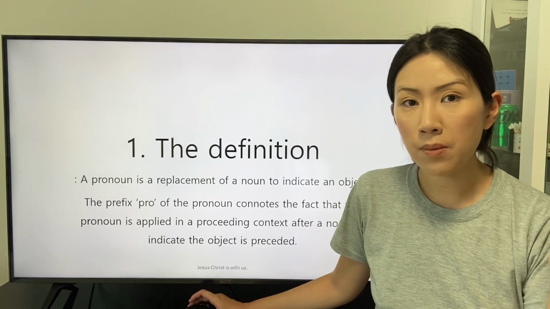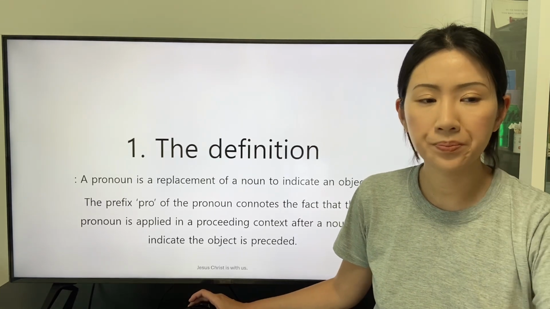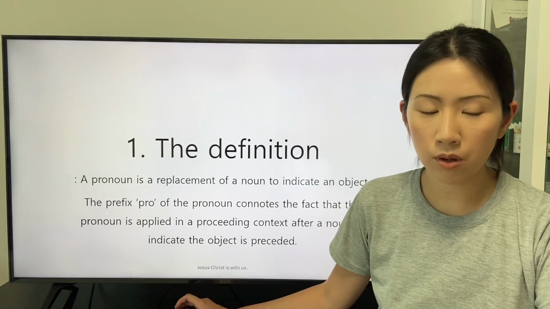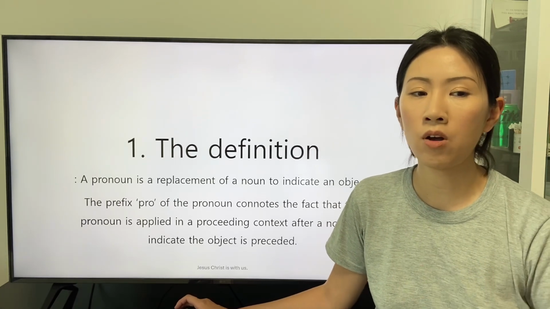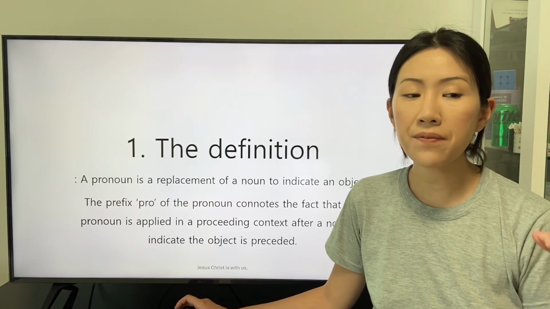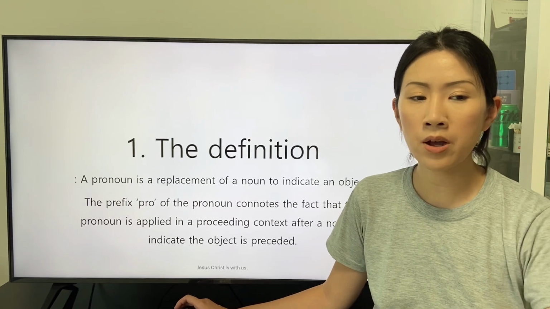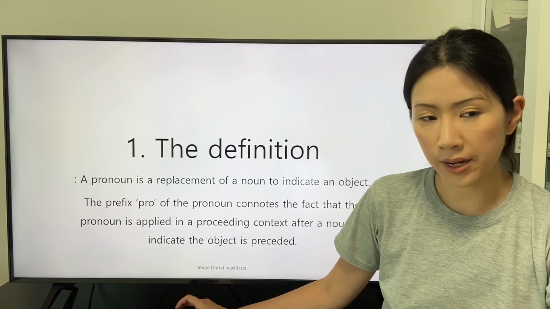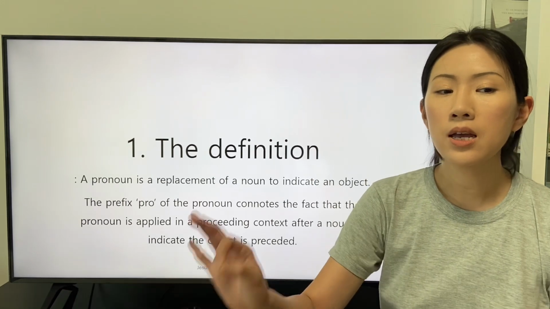Let's start to study about the definition. A pronoun is a replacement of a noun to indicate an object. The prefix pro of the pronoun connotes the fact that the pronoun is applied in a preceding context.